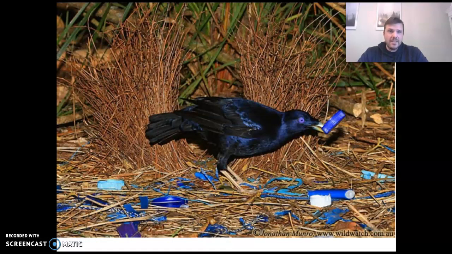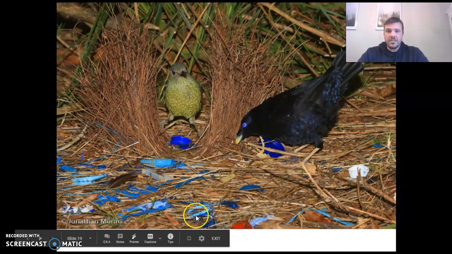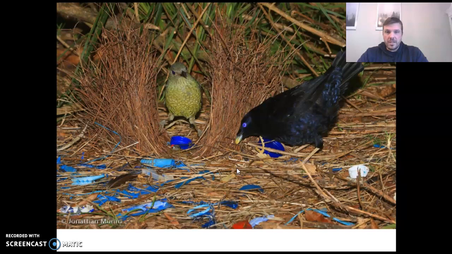It's not a nest. It has nothing to do with anything other than attracting a mate. And the male bowerbird that makes the most elaborate show is going to be the one that gets to draw in the mates. So there's another example. This bird is using a lot of energy to get all this stuff together, and the entire benefit is to be able to mate.